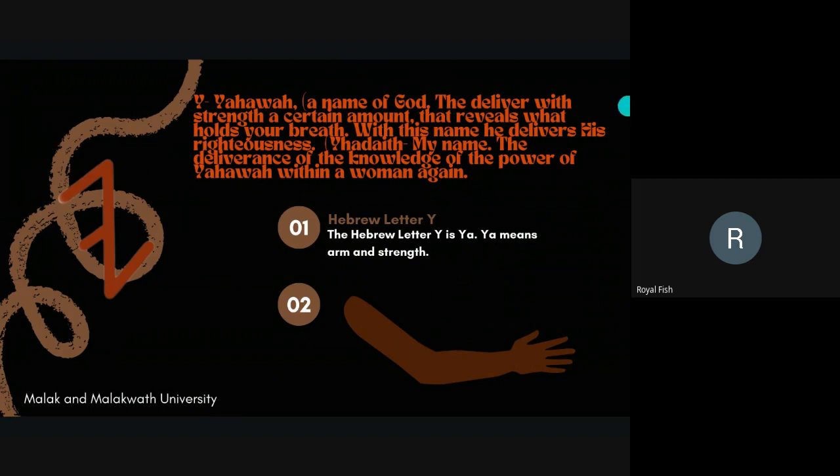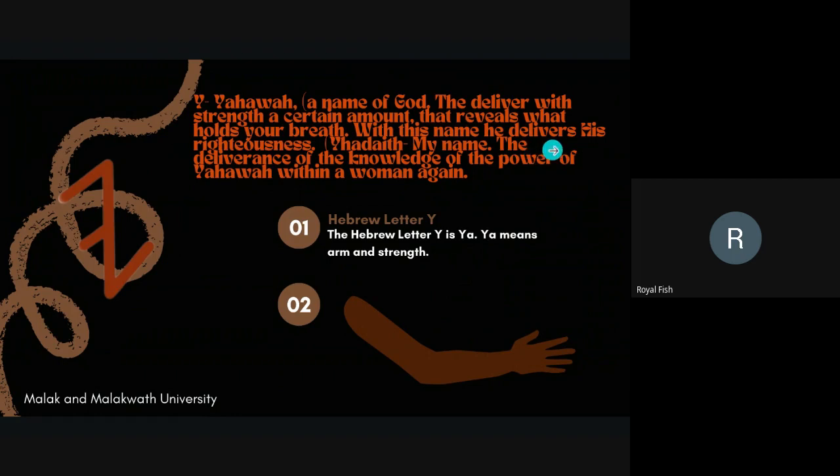So the deliverer with strength a certain amount, which is the delivering of the strength of something within a certain amount, that reveals what holds your breath. So to deliver with strength a certain amount that reveals what holds your breath.